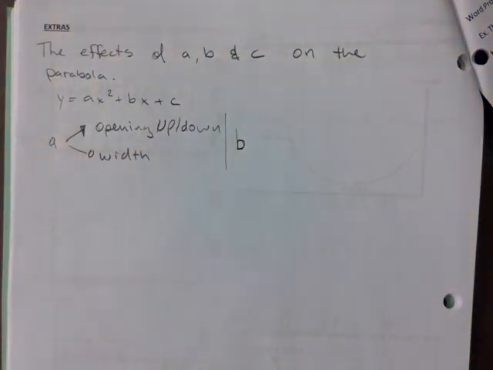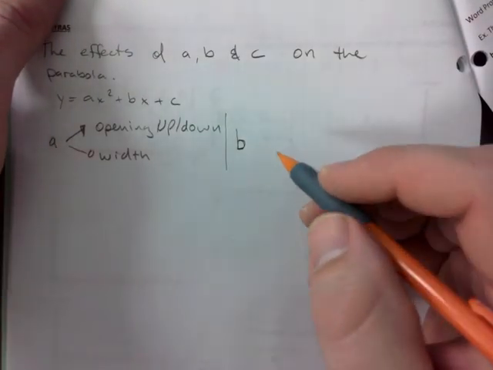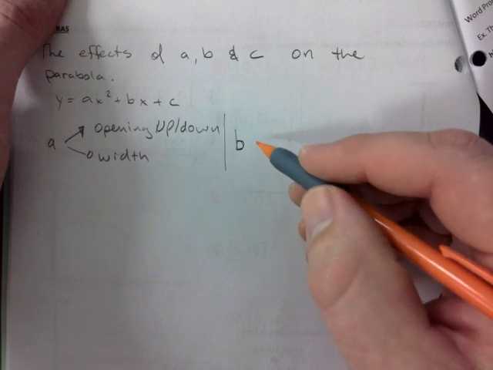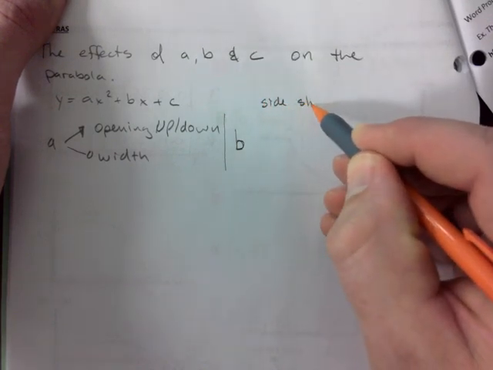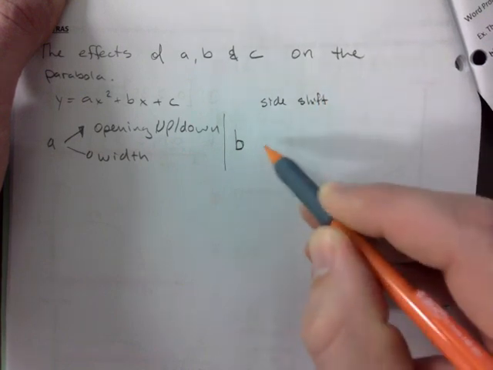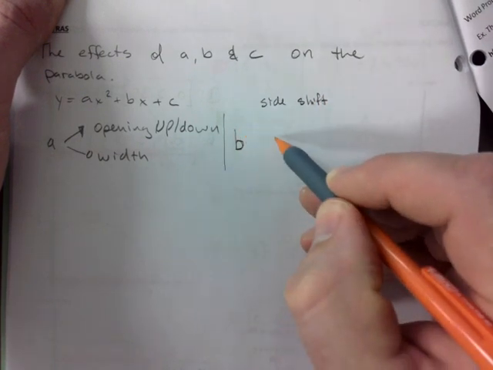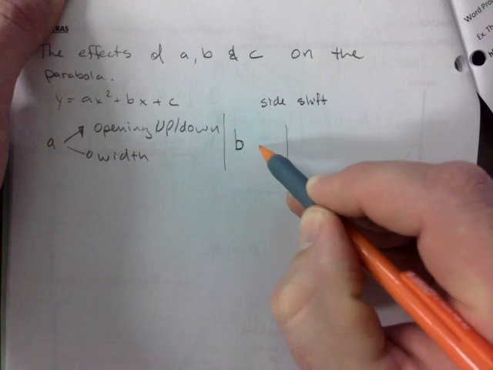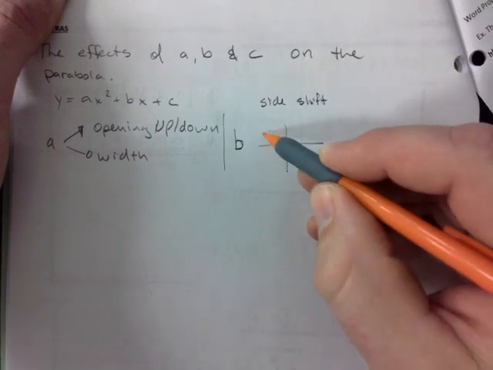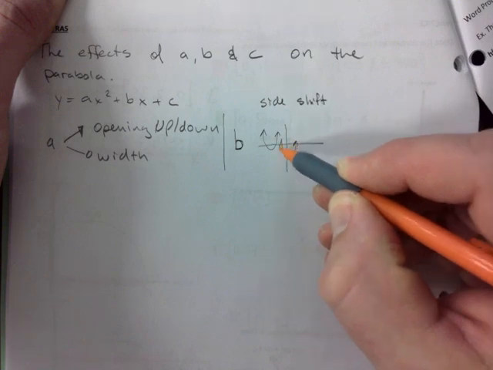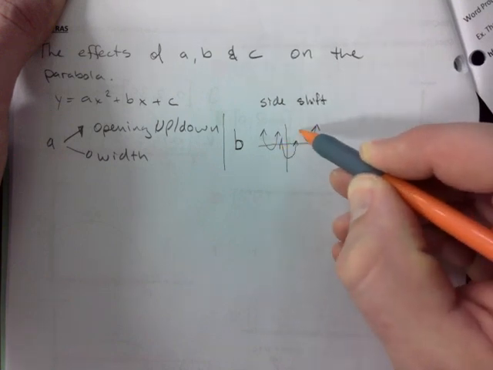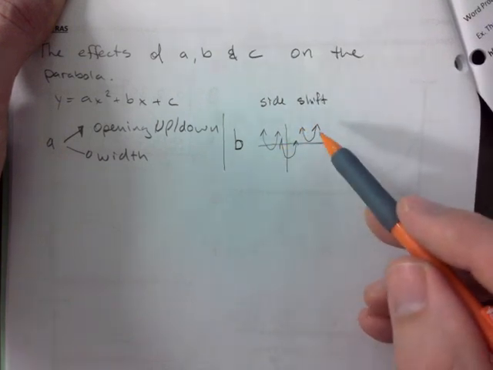So let's add that to our notes. B will do a side shift. So I'll just say it up here, side shift. Okay. So if this is your graph, right, it will kind of move it like this, right?